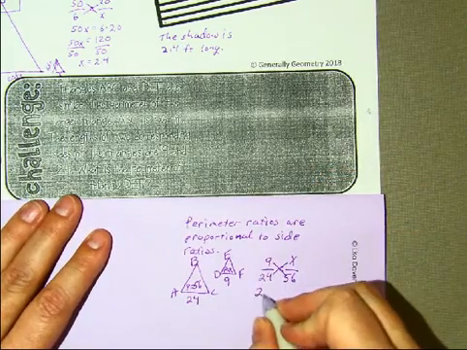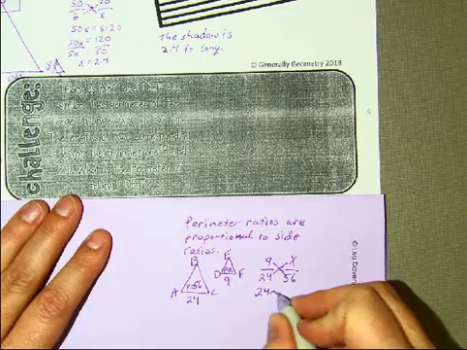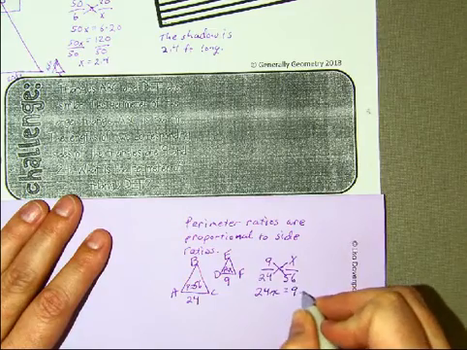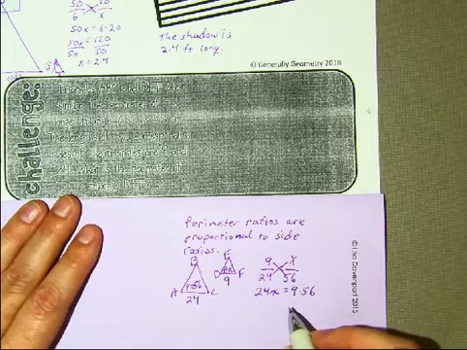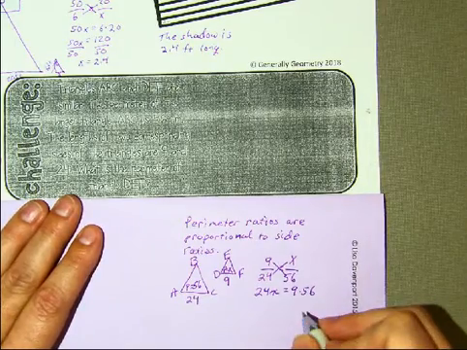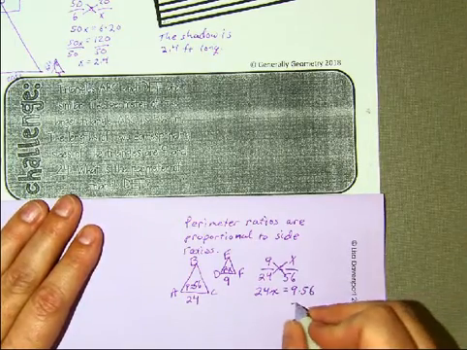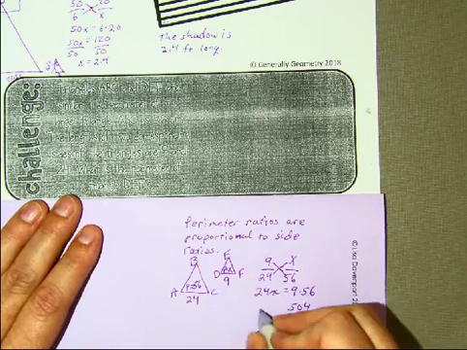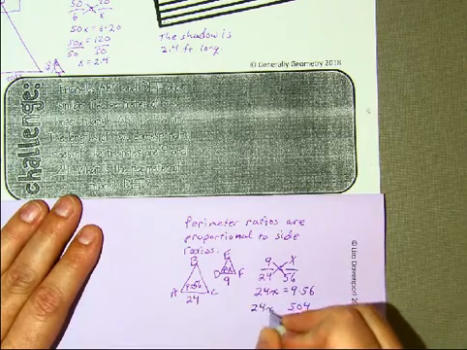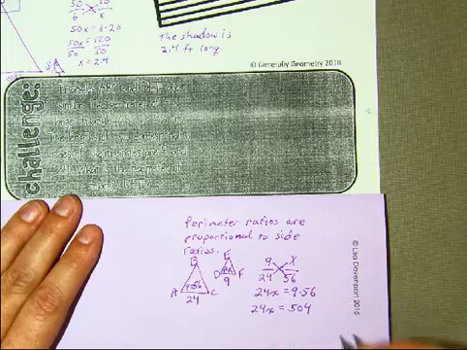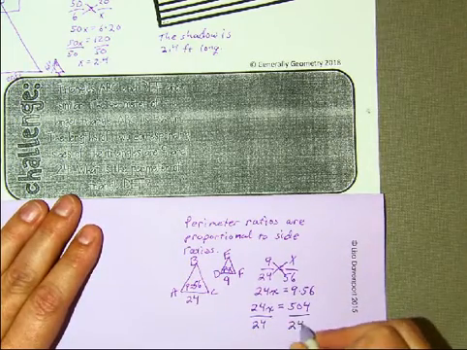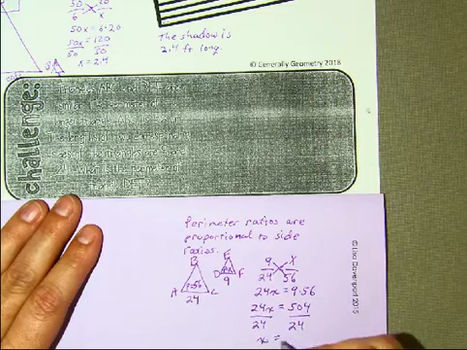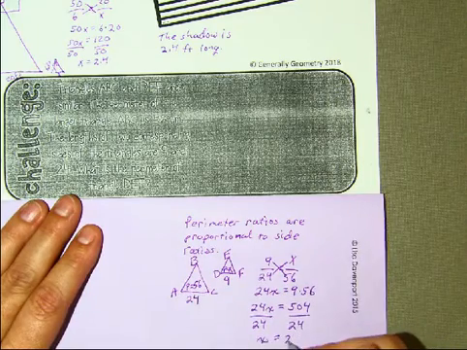So we have 24 times X equals 9 times 56. So we're going to simplify what we have over here on the right, and that's going to be 504. So we have 24x equals 504, dividing by 24 on both sides. We end up with x equals 21.